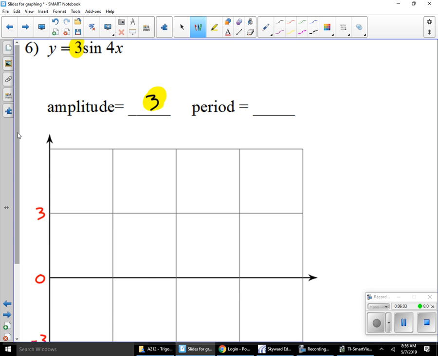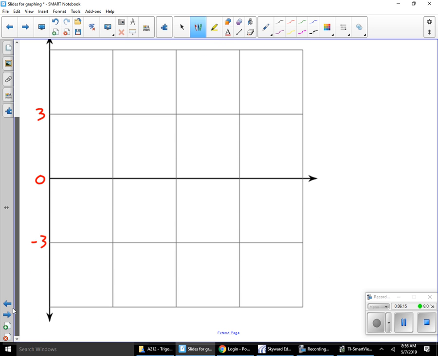The period is going to be 360 divided by 4. So my period is just going to be 90, because 360 divided by 4 is 90. So I'm going to have to make a complete cycle of sine between 0 and 90 degrees.